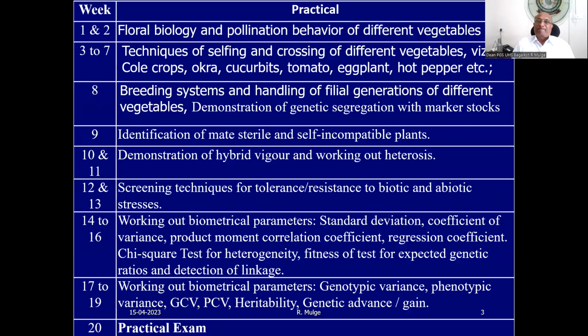Then the practical part: the first 2 weeks cover floral biology and pollination behavior of different vegetables.